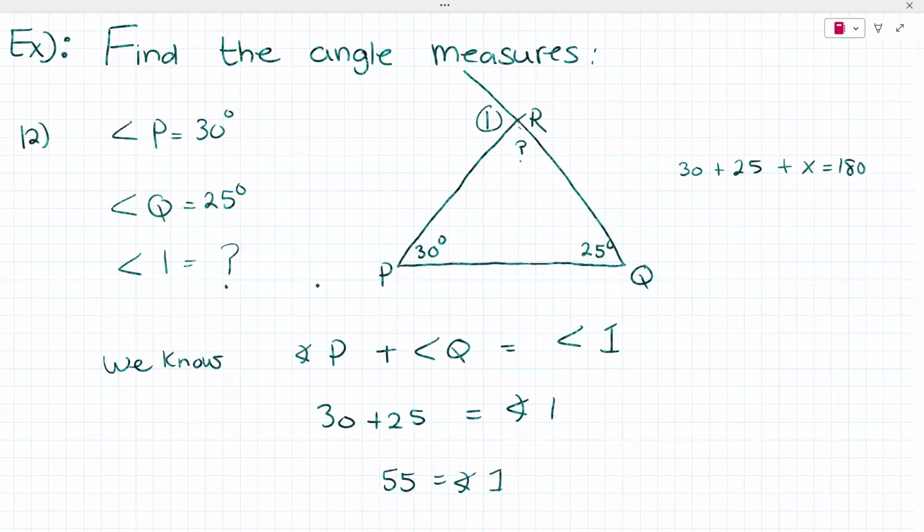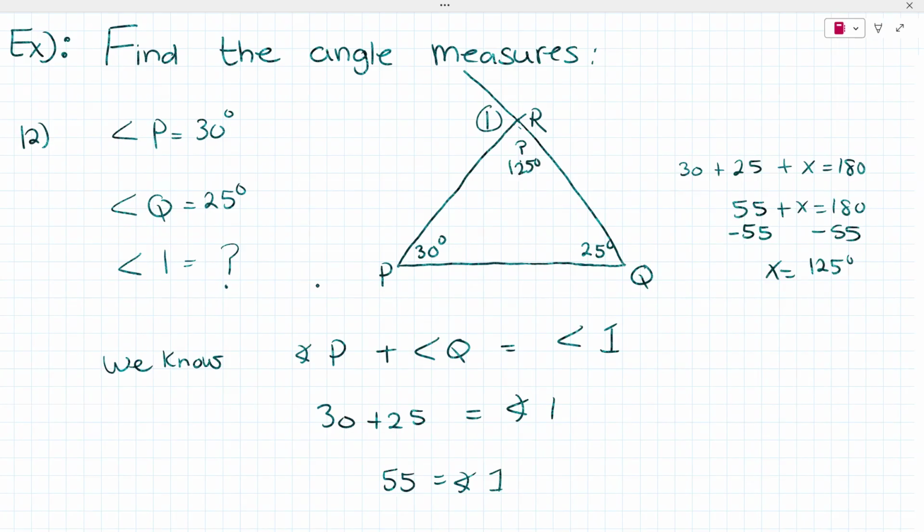So 55 plus x equals 180. Subtract 55, you get 125 degrees. So did you know this is 125 degrees?